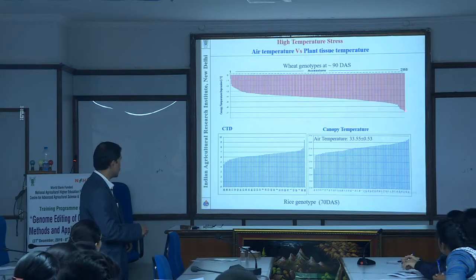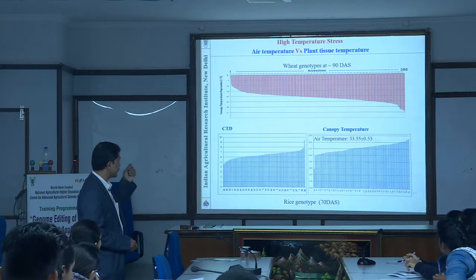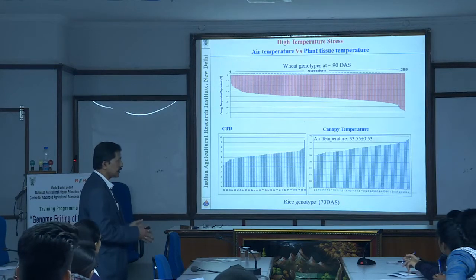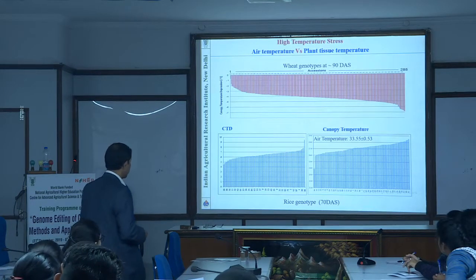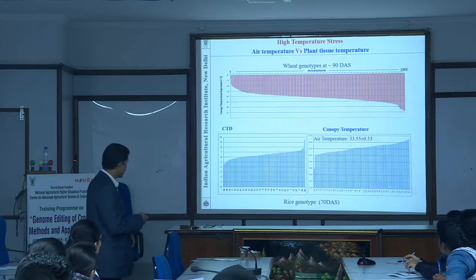So this genotype has a tissue temperature 6 degrees lower than the ambient temperature. This genotype has a temperature almost similar to the ambient temperature. Similarly, you can find variation in any crop you take.